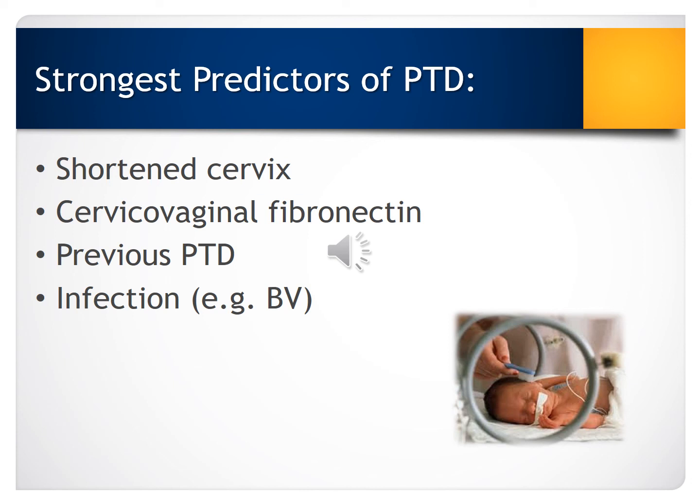We can also look at cervical vaginal fibronectin, and this is vaginal secretions that we check that are only present during certain times, and I'll talk about how to conduct a fetal fibronectin test. Again, if a woman has had previous preterm delivery, and if she has a current infection, particularly bacterial vaginosis.